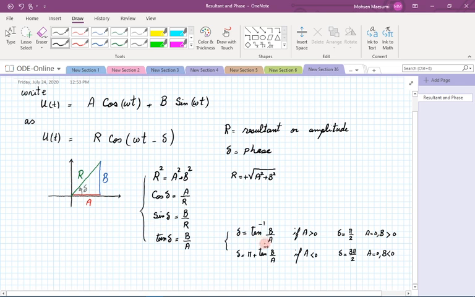It just gives you what you want. But if your a is negative, you're in either quadrant 2 or 3, and the answer the calculator gives you sends you to the wrong quadrant. To fix it, you have to add pi to it yourself. So if a is negative, delta will be pi plus tan inverse.